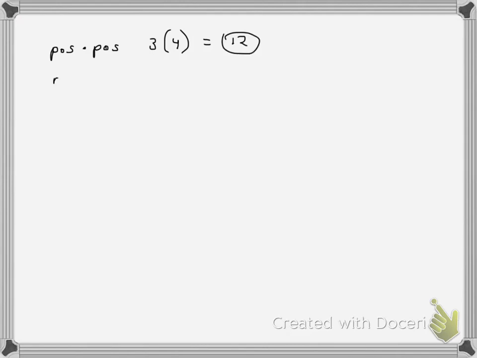If I have a negative times a negative, for instance, negative 3 times negative 4, a negative times a negative is a positive, and 3 times 4 is 12.